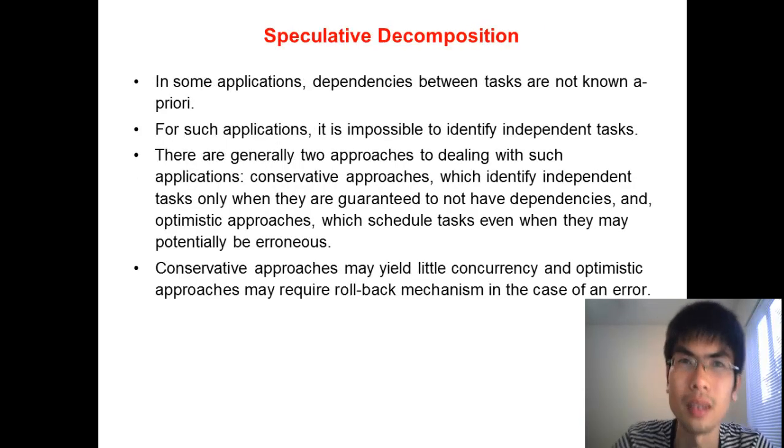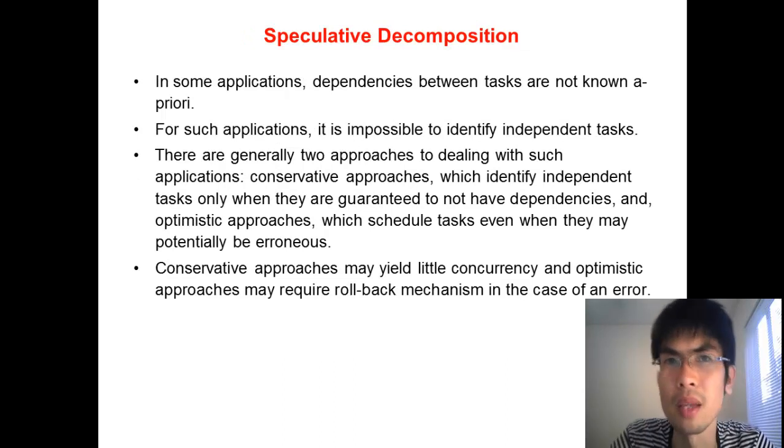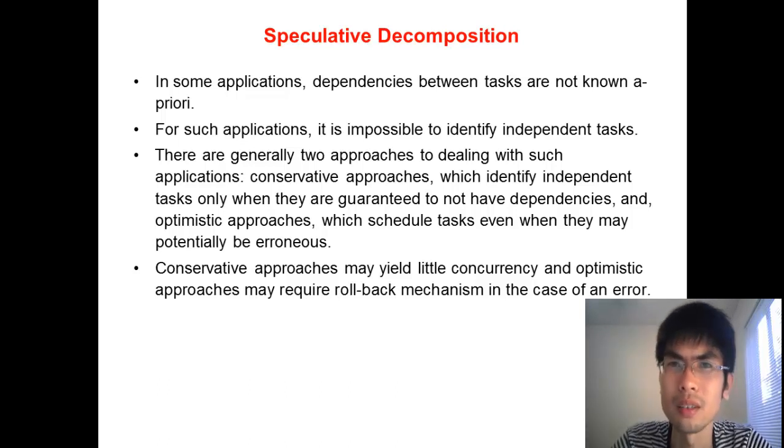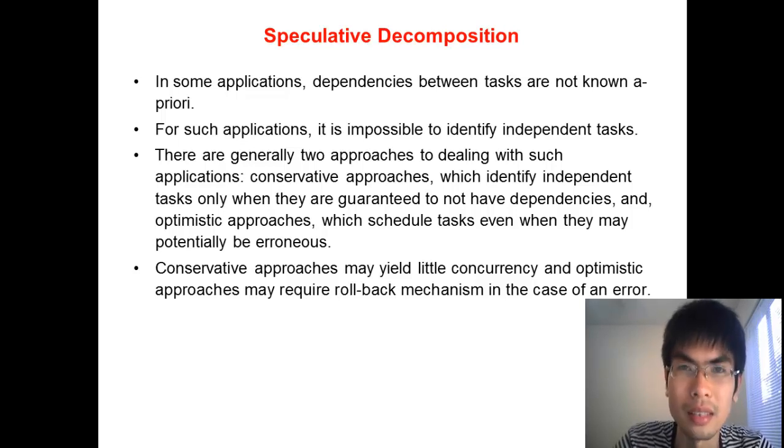And here we have the second, speculative decomposition. You know, in some applications, dependencies between tasks are not known in advance. So in this case, it's impossible to identify the independent tasks.